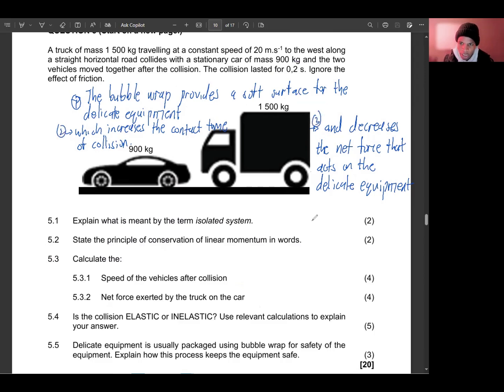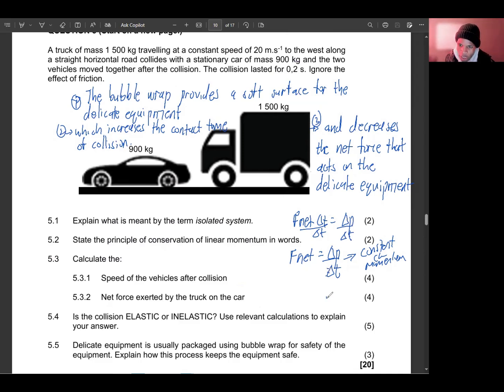All this explanation, guys, is just based on this formula here. F net delta t is equal to change in p. If you just divide both sides by delta t, you end up with F net is equal to delta p over delta t. For a constant change in momentum, we are looking at the relationship between net force and delta t.